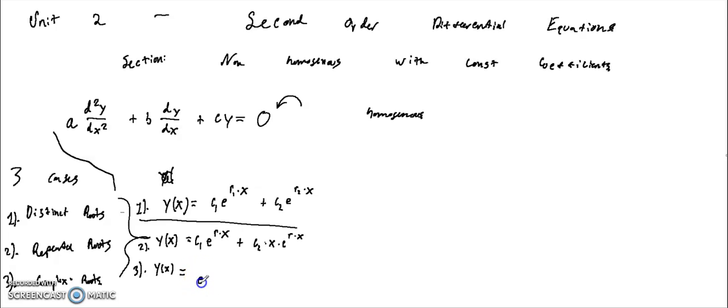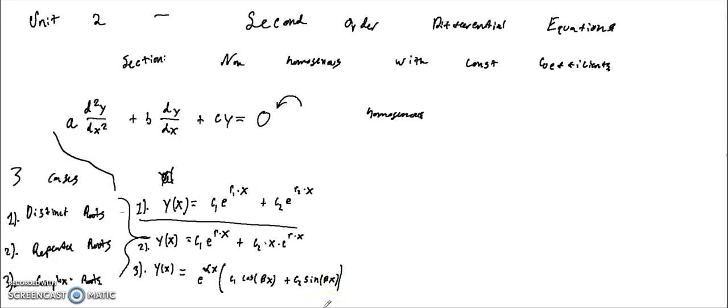And in this case, we get e to the alpha x times c1 cosine of beta x plus c2 times e to the alpha x sine of beta x.